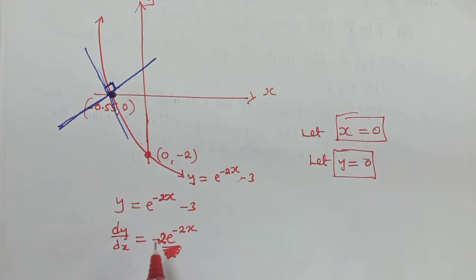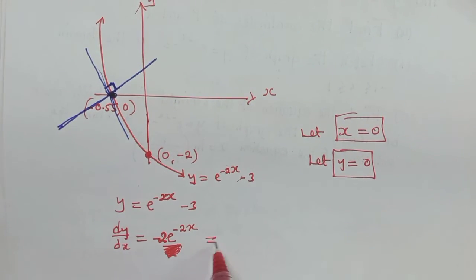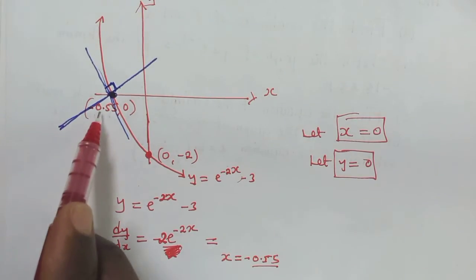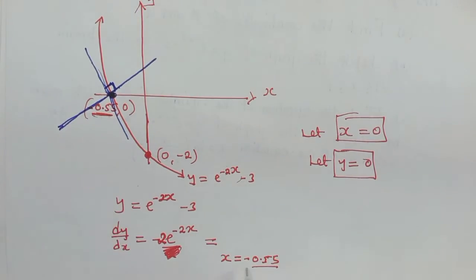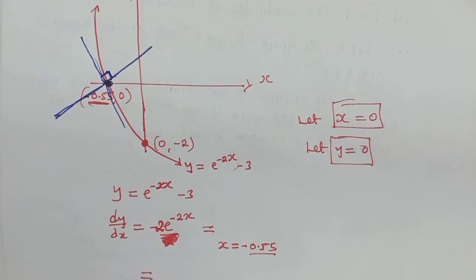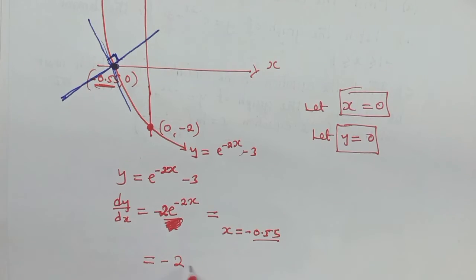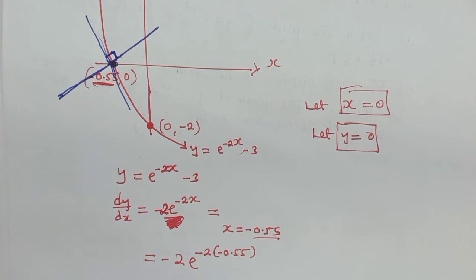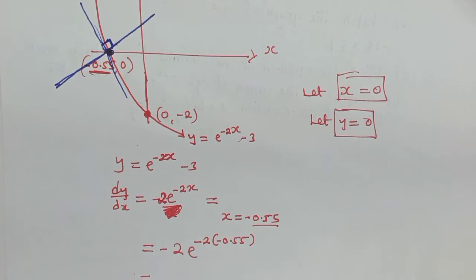So now the next thing here would just be to plug in the value of x, which is negative 0.55 at this point, where the solution is. So we will say negative 2e like that. Then we punch it in. What solution are we getting?